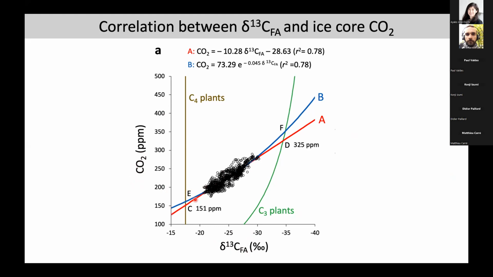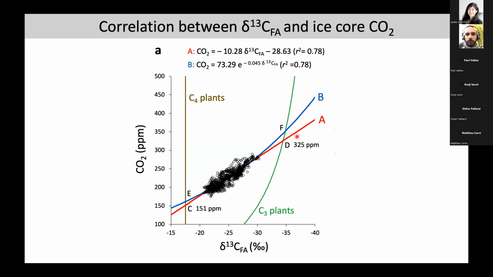So there are two calibration lines, A and B. This is linear and this is a curve. And the coefficient of determination is almost the same. So we tentatively use the linear calibration to estimate the past carbon dioxide concentration.